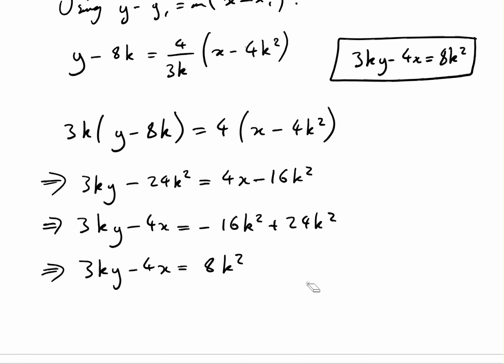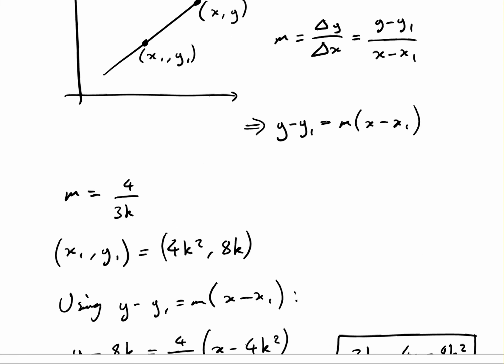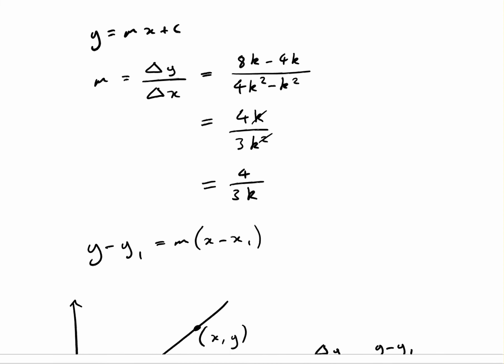Okay, where are the marks for that question? Well, let me just get the mark scheme up. There's one mark for trying to find the gradient. They say a valid attempt of trying to find the gradient, showing that you know that the gradient should be changing y over changing x, even if you don't use the right numbers for some reason. You could have done it the other way around, of course.